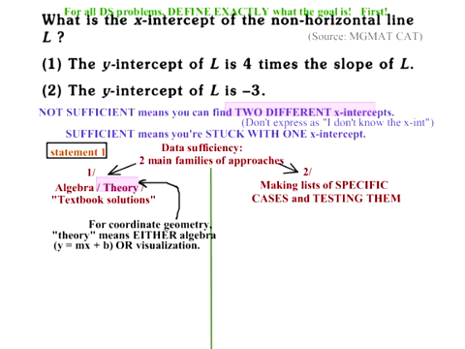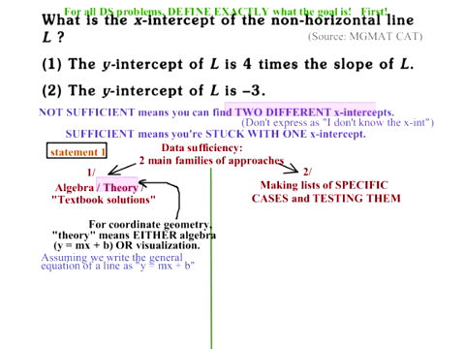Assuming that we write the general equation of a line in this traditional way, as y equals mx plus b, where remember, these are the constants. The m is the slope of the line, and the b is the y-intercept of the line. This is going to be b, and this is going to be 4 times m.